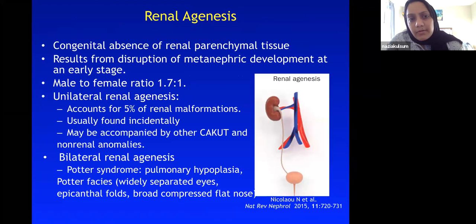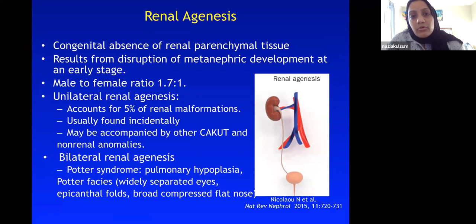Tends to be again more common in males and accounts for up to 5% of renal malformations. Again, found on a prenatal sonogram. The thing is, when you have only one kidney, you want to make sure that there's no other CAKUT disorder associated with it, by which I mean reflux, obstruction, because now you have one normal kidney, you want to make sure that kidney is completely growing well and healthy.